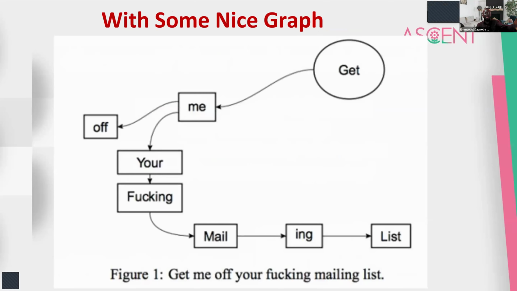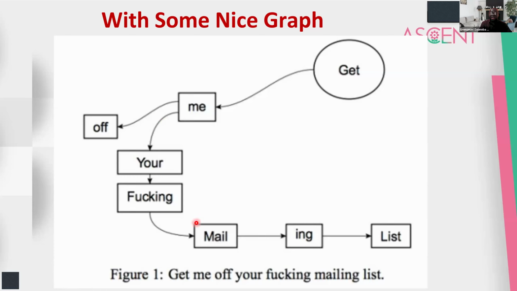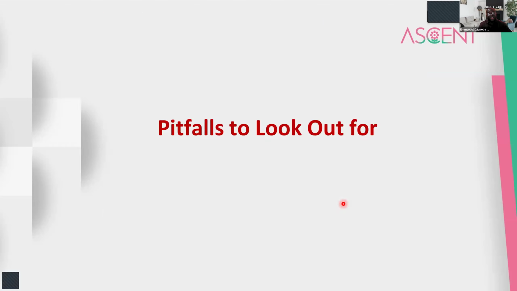So you see that paper, the person even produced a very nice graph. Get me off your mailing list. And the journal thought, oh, this is a very good diagram. Because there is no peer review, the person says, figure one, get me off your mailing list. And it is accepted and published in that journal. You see, it is very scary and interesting.